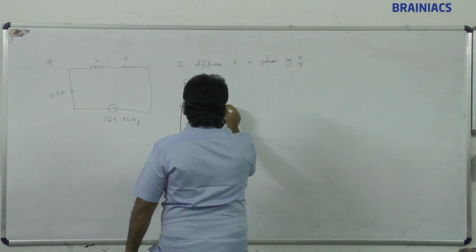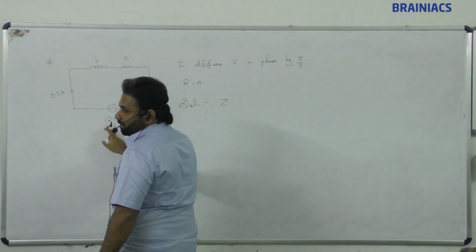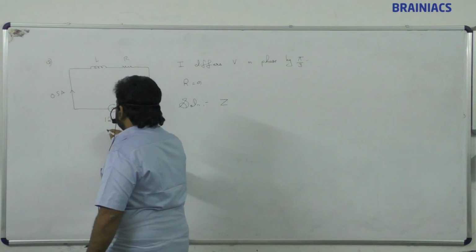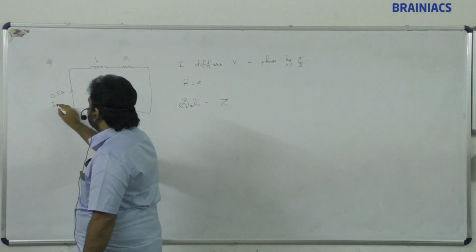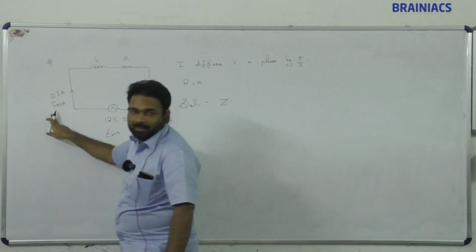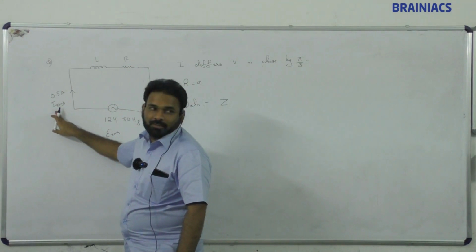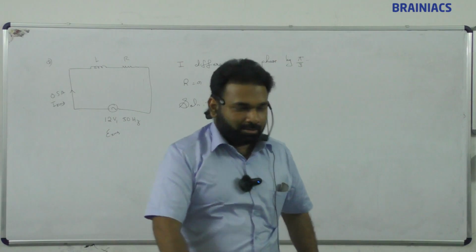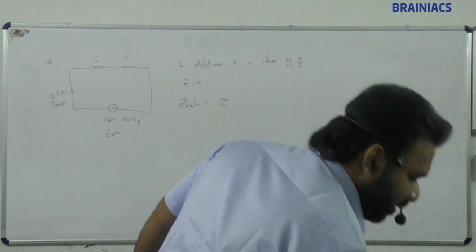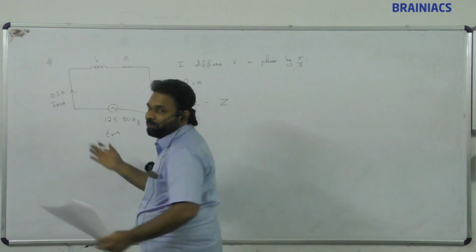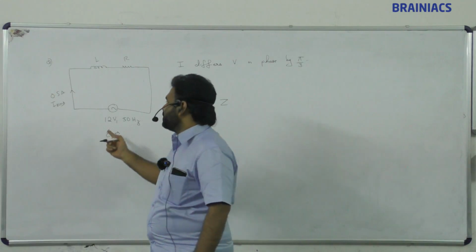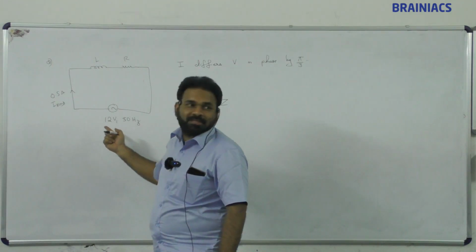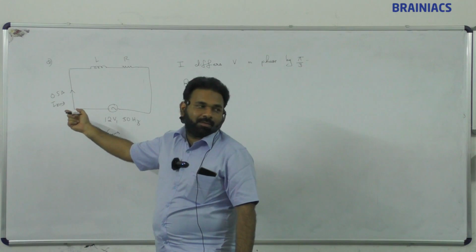So here, who is this? Voltage? This is I_RMS. This is an AC source, so this cannot be an instantaneous or peak value.